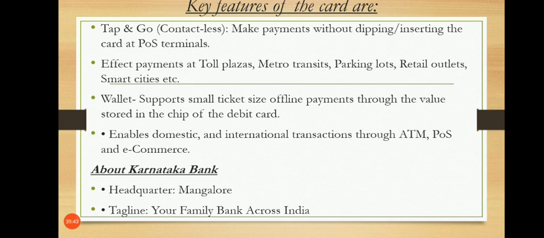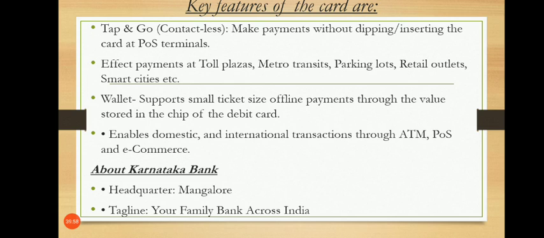Tap and go, contactless. ये हमने बात की है that it is contactless. So here the tagline is tap and go. Make payments without dipping or inserting the card at POS terminal.